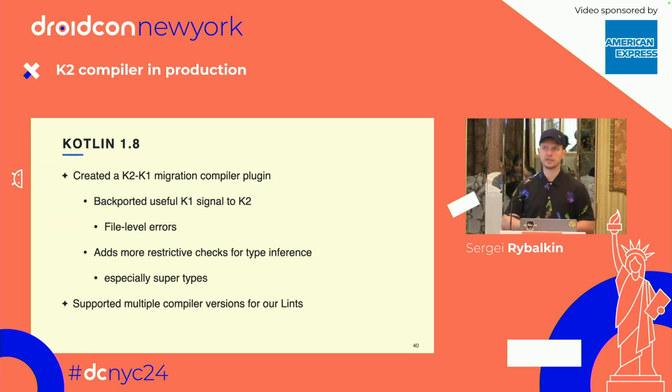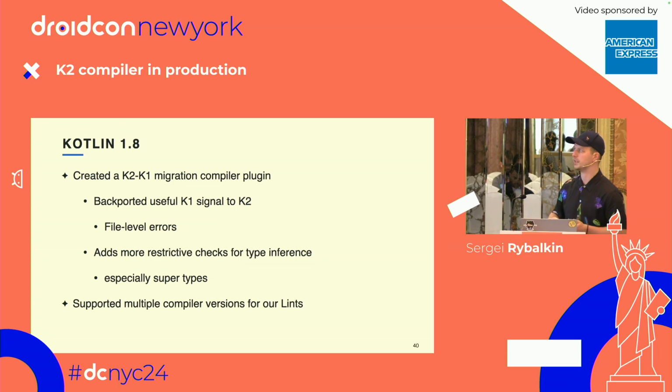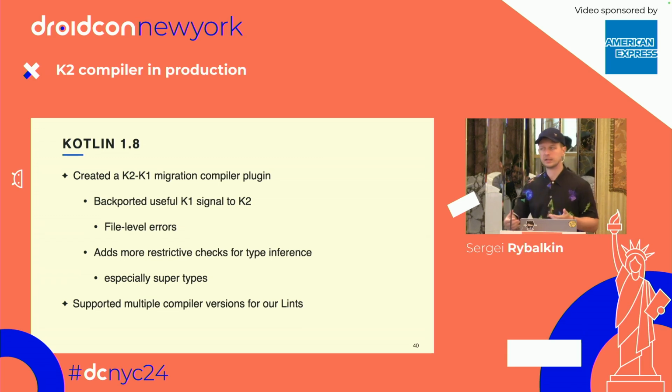In addition to this, we made K1 more restrictive in several cases. The only thing we wanted was for K1 and K2 to behave almost the same, despite the bugs and instability between them.